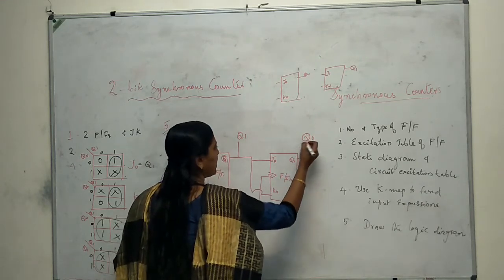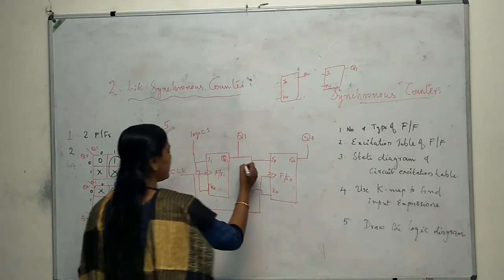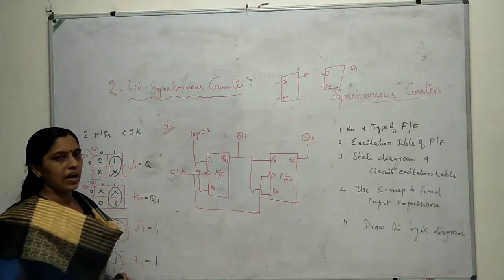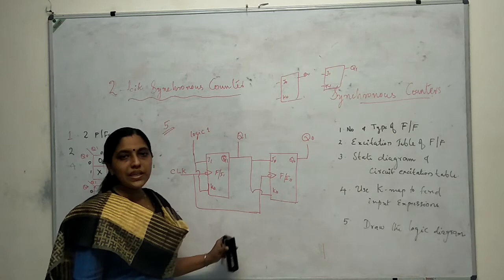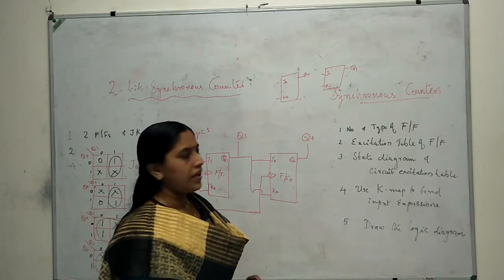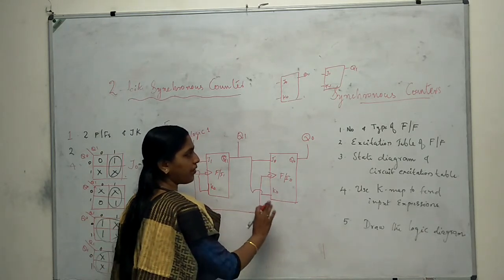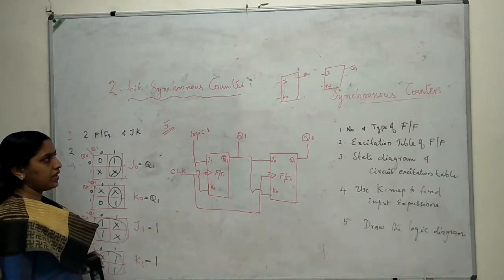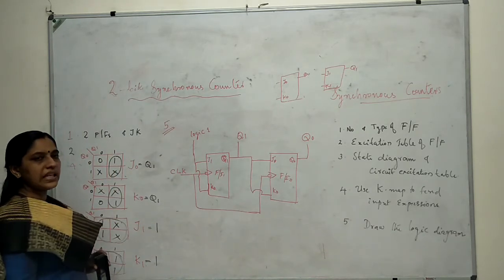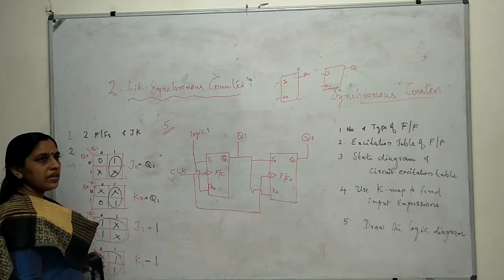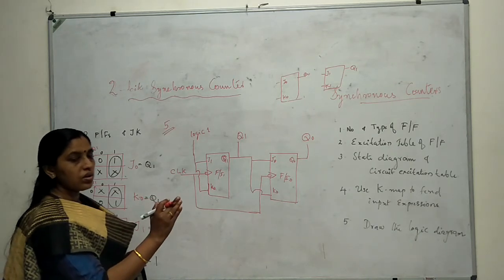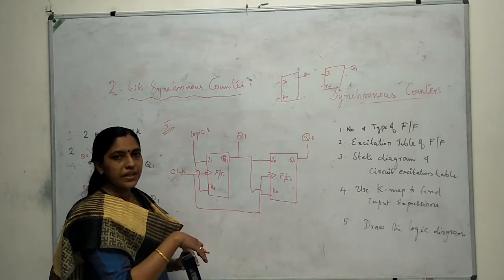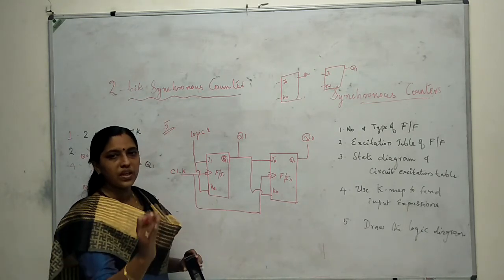So with this connection, we can say that this particular counter will work like a 2-bit up counter. Okay, so this is the whole circuitry of designing a synchronous 2-bit counter. Similarly, if you have a 3-bit counter, instead of only Q1 and Q0 you will have Q2, Q1, Q0.